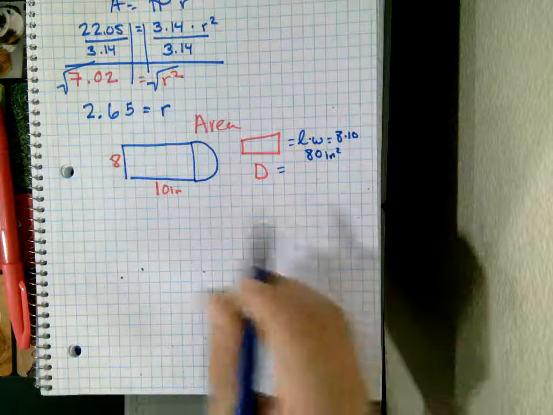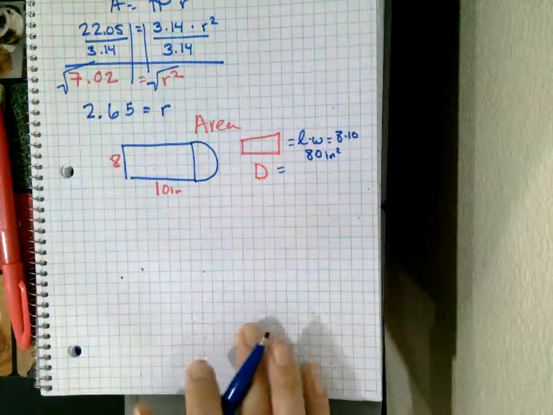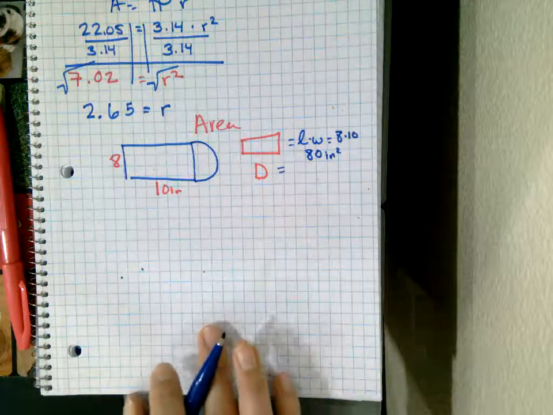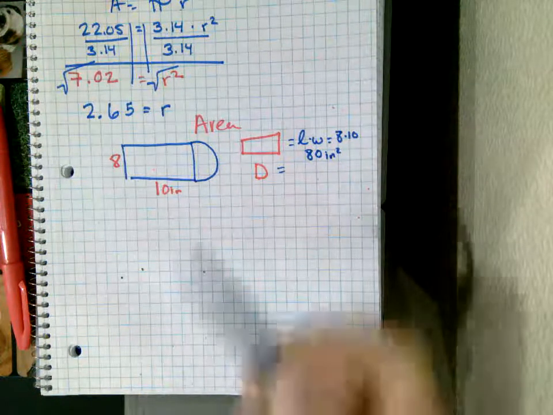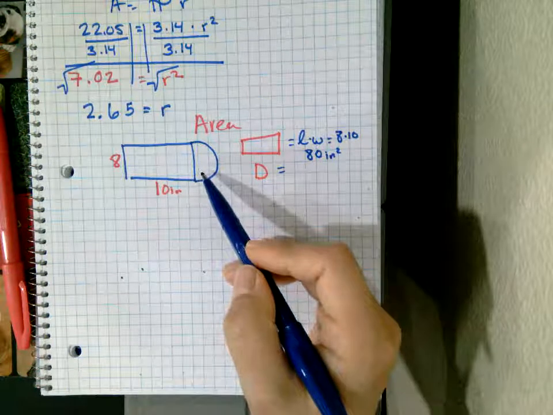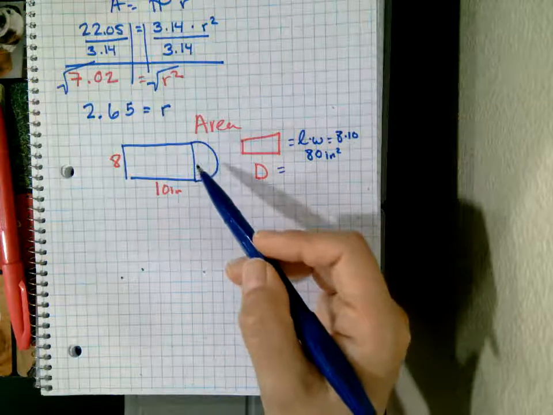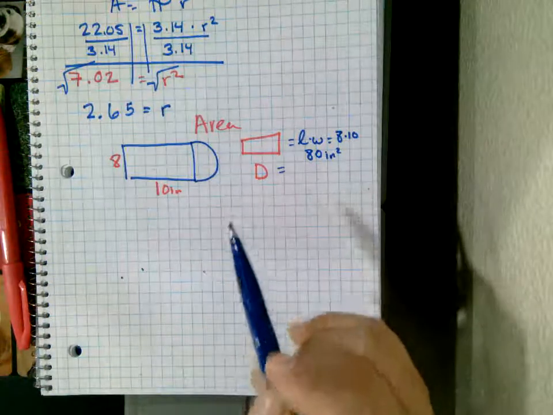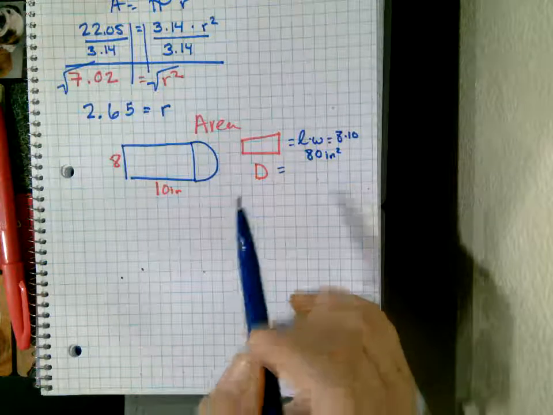Pretty simple. Now the area of a circle, but it's half a circle. So you're going to find the area of the whole circle and then divide it by 2. Why? Because it's half a circle, right? That's how they trick you. You'll do the area of the circle, like, yeah, I know how to do that, woohoo! And then you forget to divide by 2 because it's half a circle.